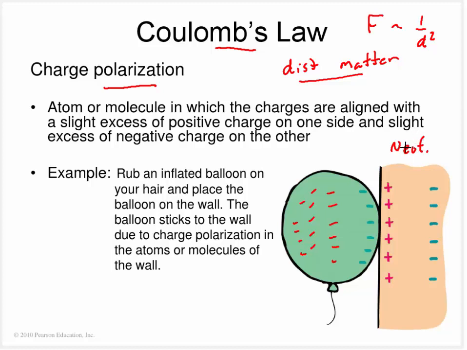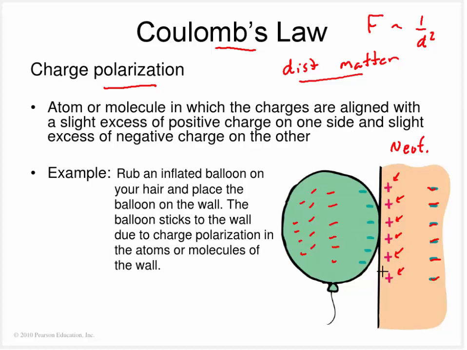And kind of what's going on with that is here we have a bunch of negative charges, and that's going to repel all the negative charges of the wall. And if they are free to flow, then they will. If they're not free to flow, they're going to try to get as far away from these negative charges as they can. Then what would also happen is that would force the positive charges to become as close to these negative charges as they can, and distance is going to matter.